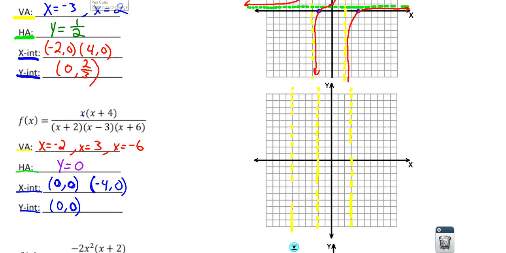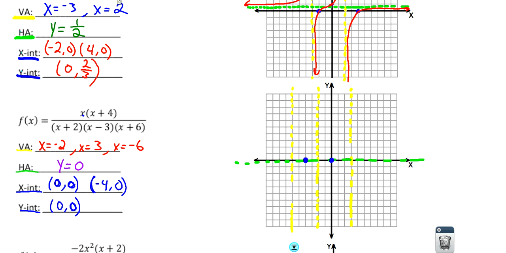My horizontal asymptote this time is at 0. I have an x-intercept at 0 and at -4. 1, 2, 3, 4. And that's all I have to draw. Okay, that's all I got.